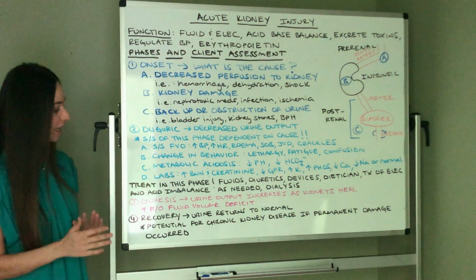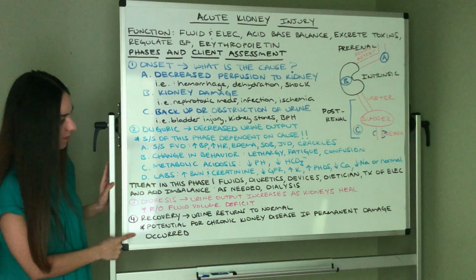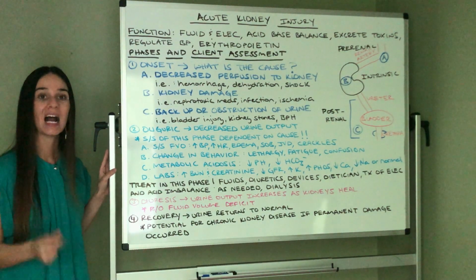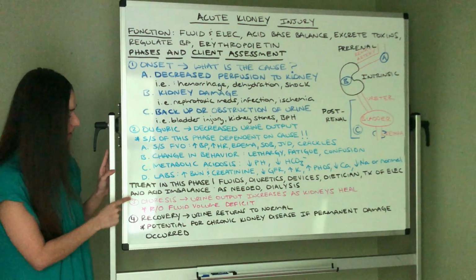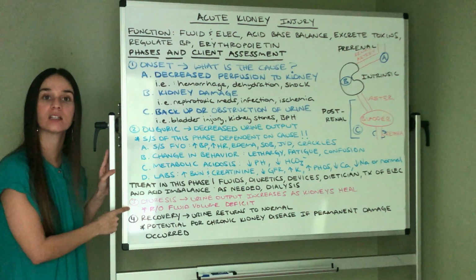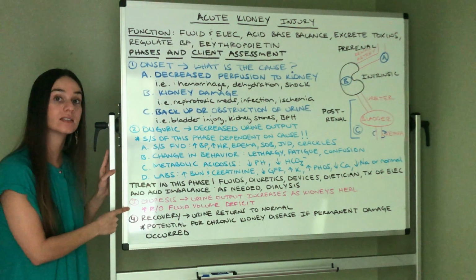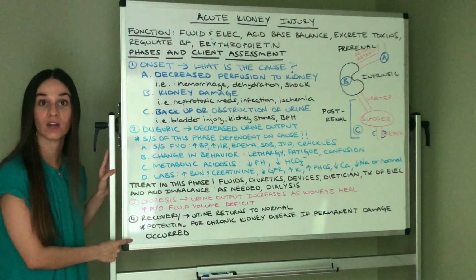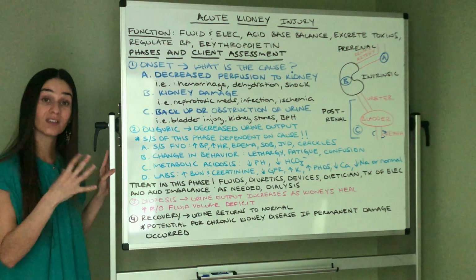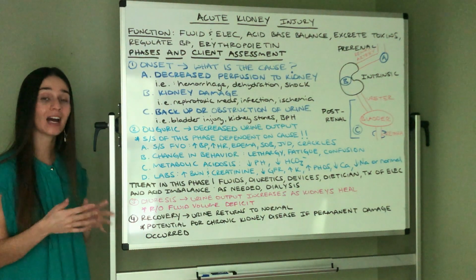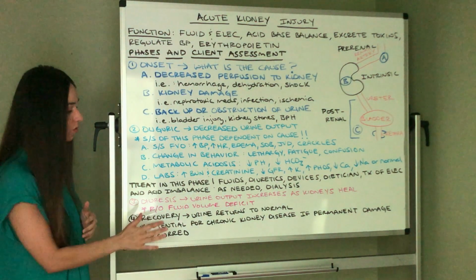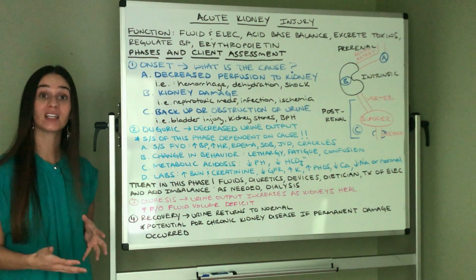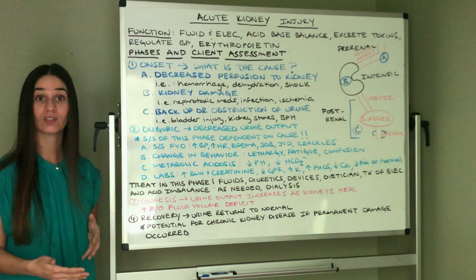And the last phase is your recovery phase. So this is when the urine returns back to normal. I do need you to understand, how well the kidneys healed in this phase will result in the outcome in this phase. Because if they have acute kidney injury, it can absolutely lead to chronic renal disease if the kidneys resulted in permanent damage, okay?